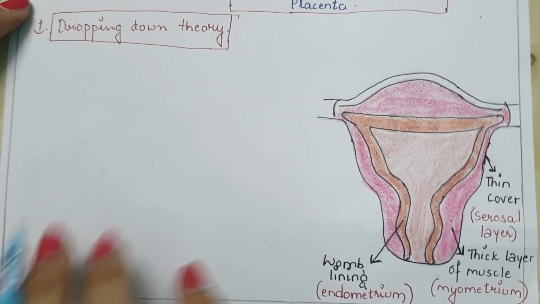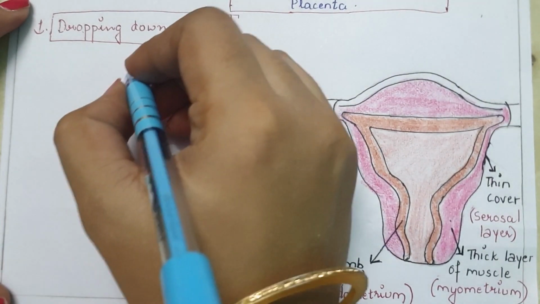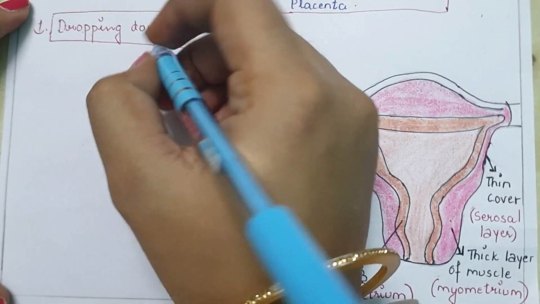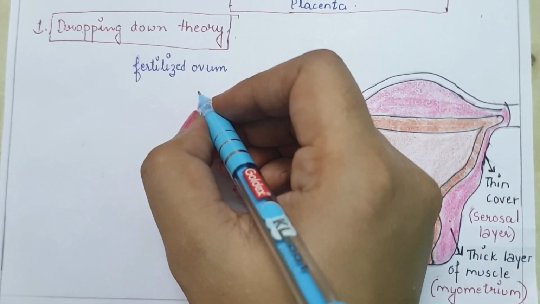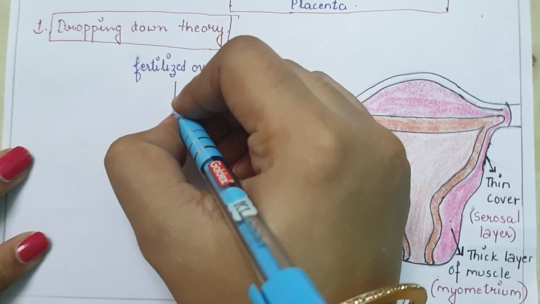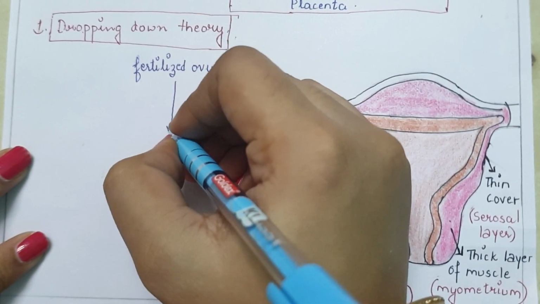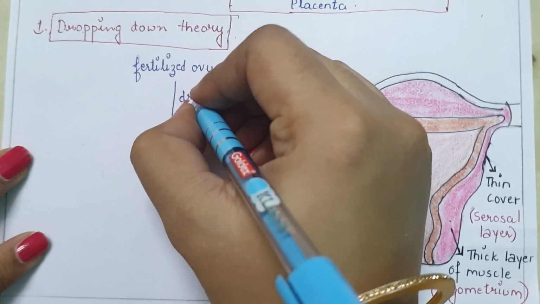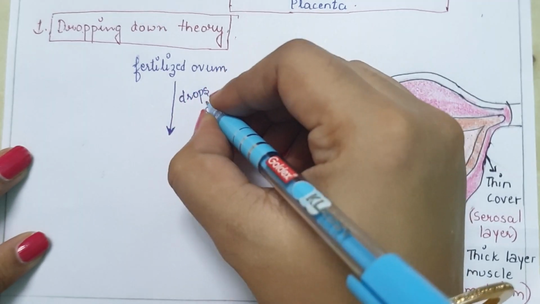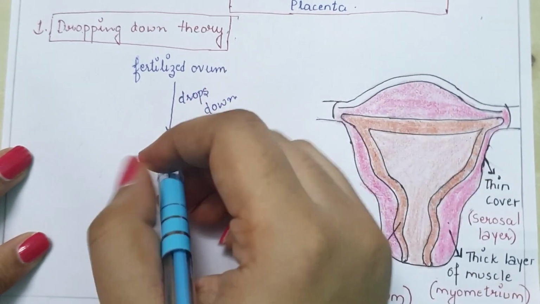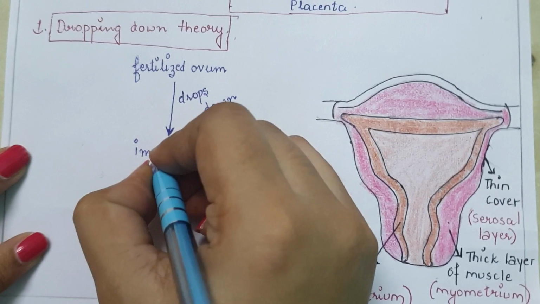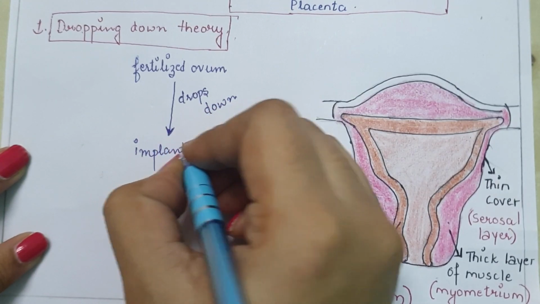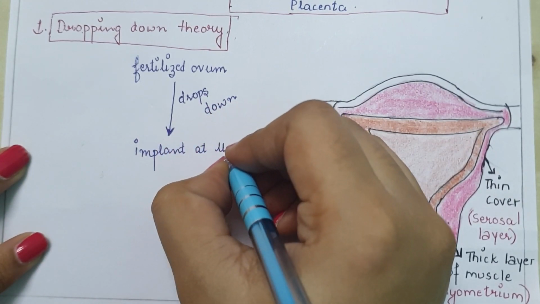First one is the dropping down theory. In this, the fertilized ovum drops down and implants at the lower uterine segment.